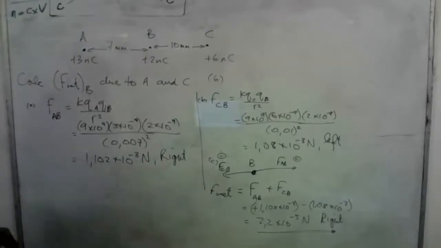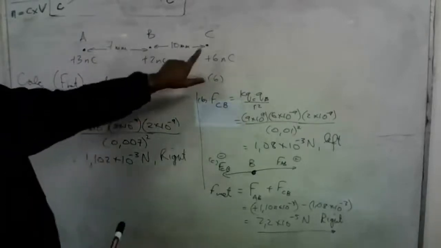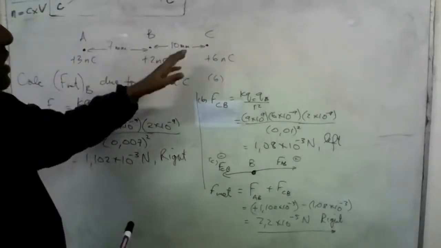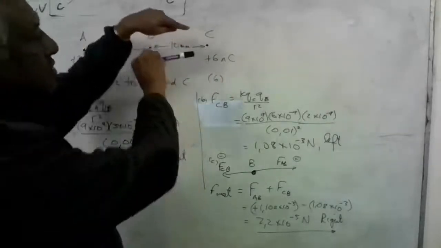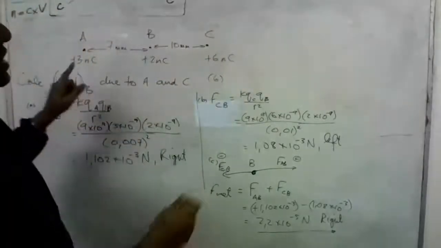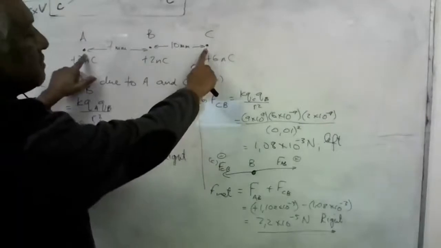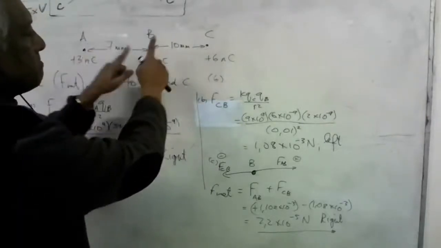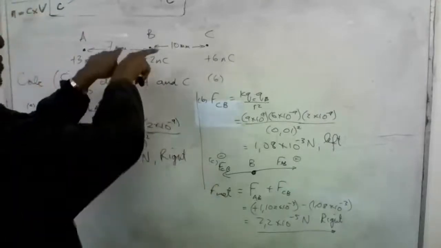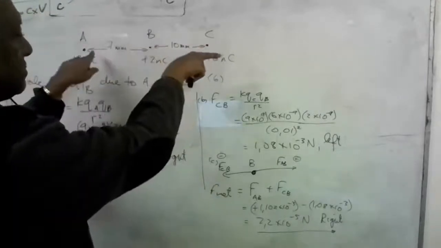So last week we did where C was moving, A and B were fixed, and therefore both the forces were to the right. Now by keeping A and C fixed, B is what is free to move. What do we find? We've got forces in both directions now.